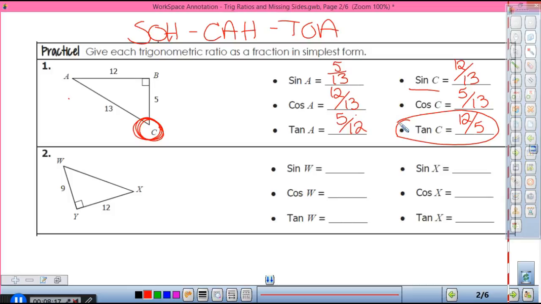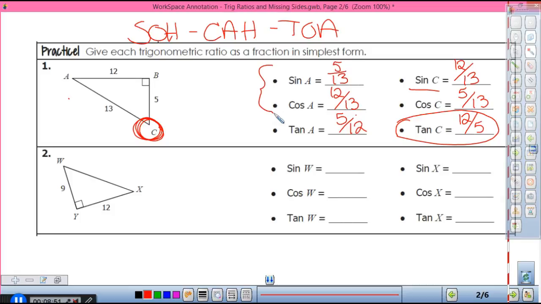Why? Tell me this. Why is tangent the only ratio that can be greater than 1? Okay. Sine and cosine have to do with what? What's the bottom of sine and cosine? The hypotenuse. Okay? The hypotenuse is always the longest side of my triangle, right?